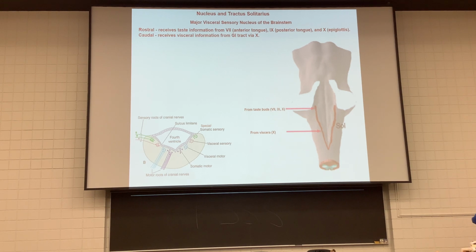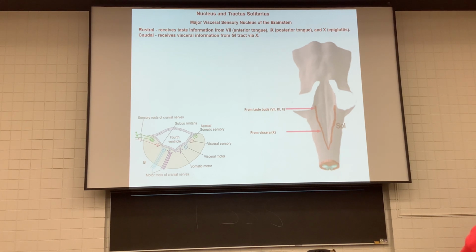Those axons come centrally with other components of cranial nerve 7, and those central axons will then form the solitary tract. I'm going to show you a picture of that on one of the slides here. The caudal part of solitarius is where any sensory information coming back with cranial nerve 10 is going to terminate.